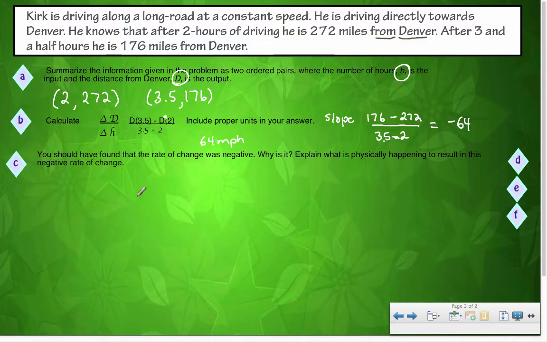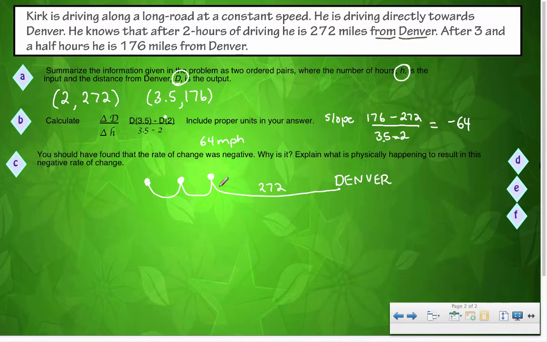So let's say I were to do this right here. Here's his starting point. We don't know how far he was, and here is Denver. We just know that if he drives for 1, 2 hours, this distance to Denver, he's still got 272 miles.